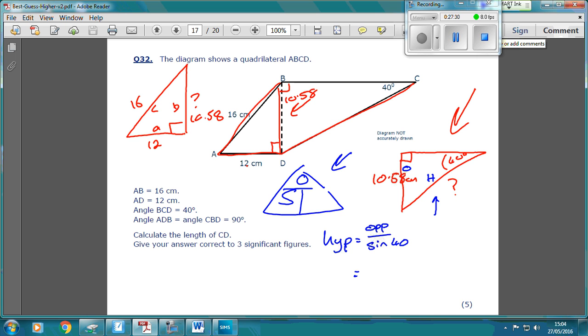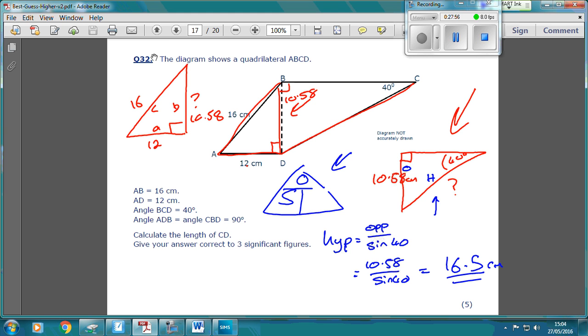So in my calculator, I'll do 10.58 divided by sin 40. And by doing so, I get, if I round to three significant figures, 16.5 centimeters. So that's how you do that question there.